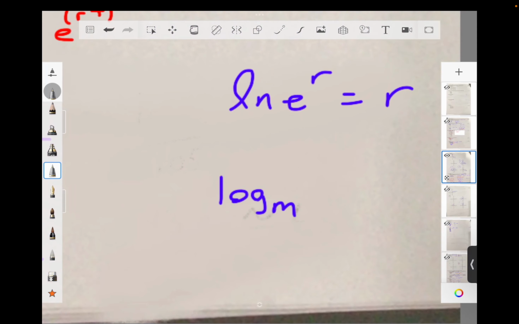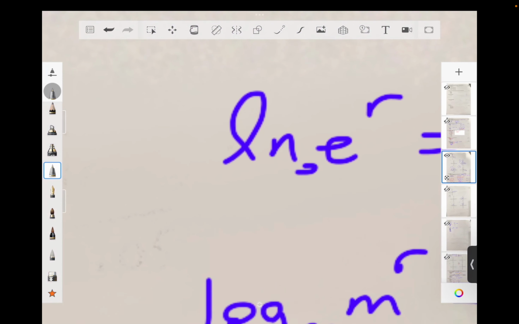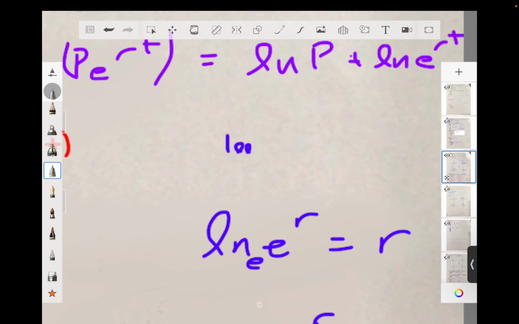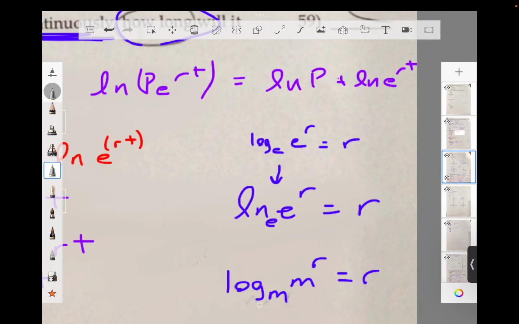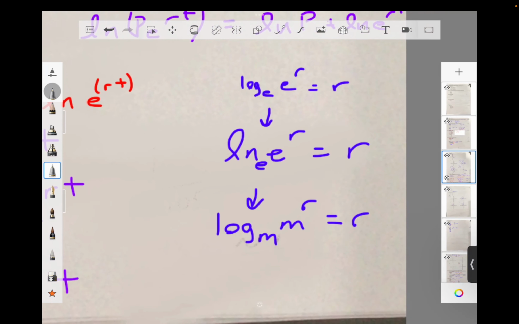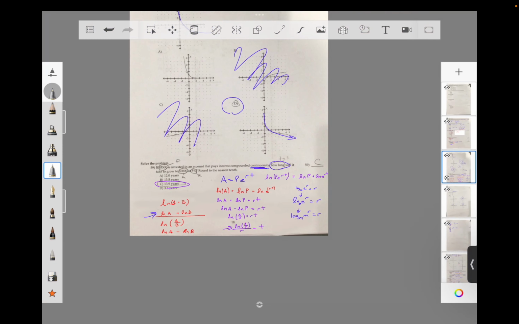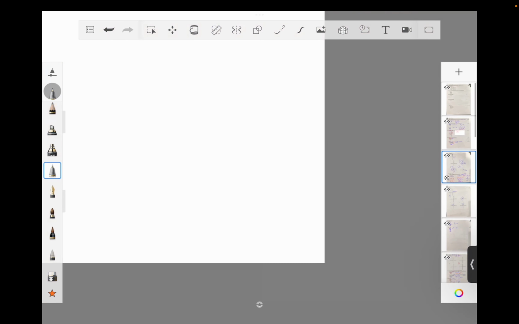So if it was log m to the m r, this would equal r, because natural log has a base of e. So this is essentially saying log of e to the r equals r. That's what this is. And this is similar to that, but again, the only time you really have to worry about that is when you're dealing with natural logs and not regular logs. So I don't think you have to worry about this small rant I just went on.